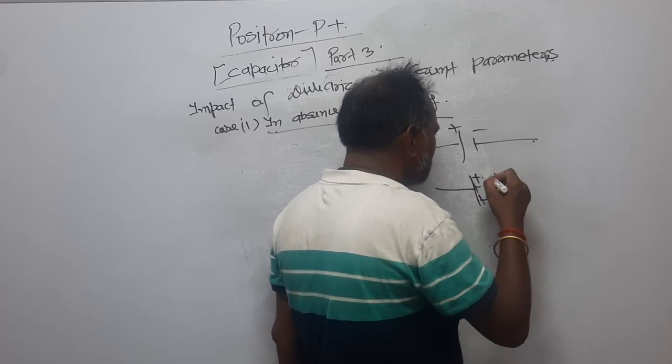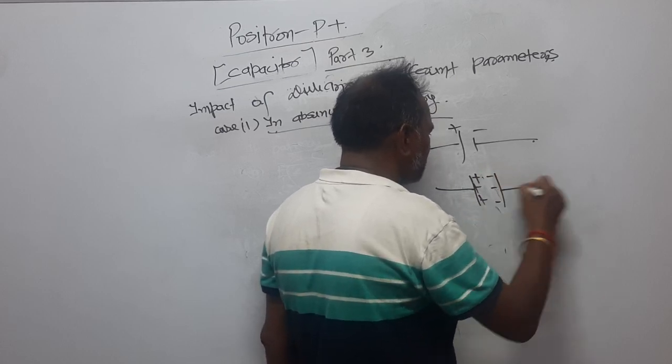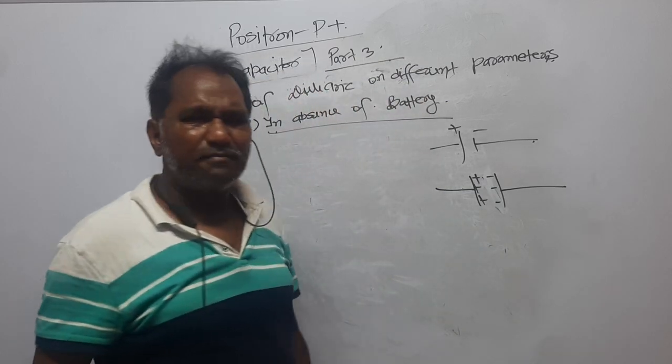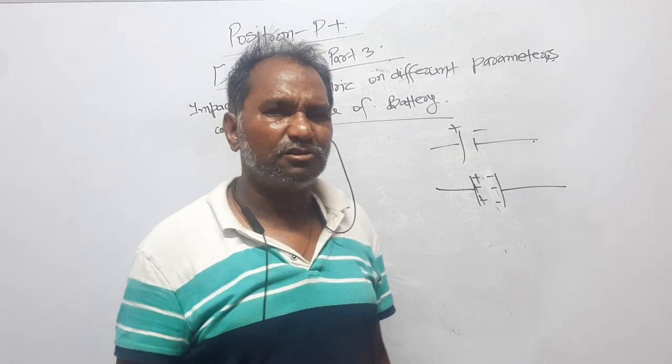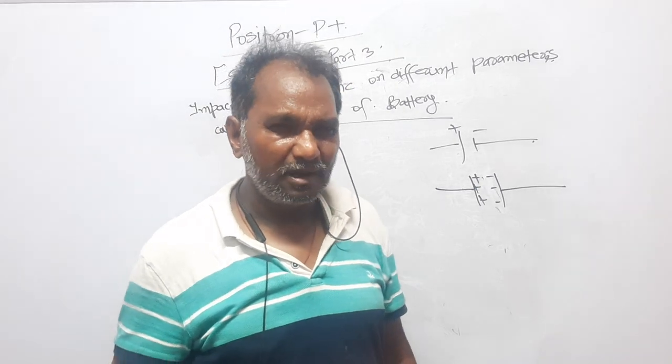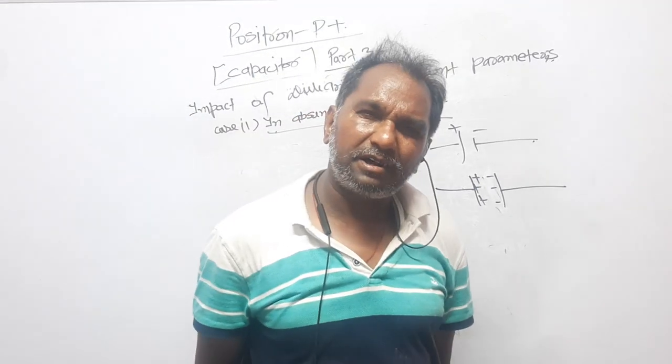Dear students, let's talk about some important things. If you are studying electricity, you should have some basic concepts. The very first thing: what is the international direction of current?